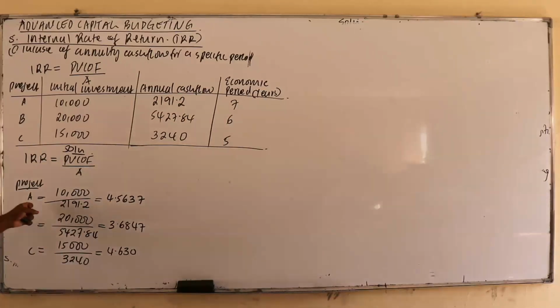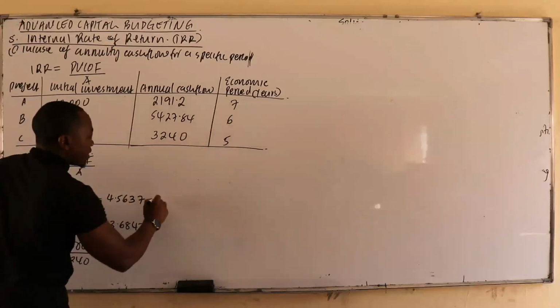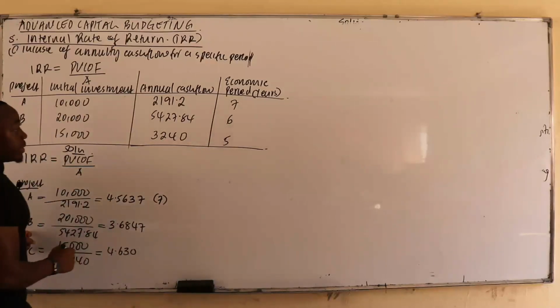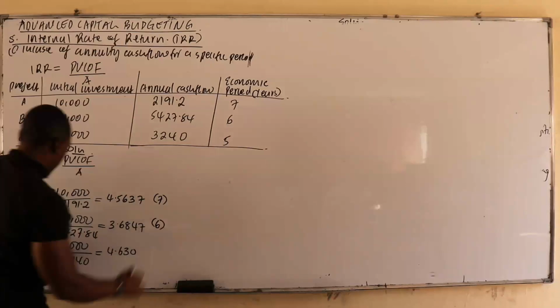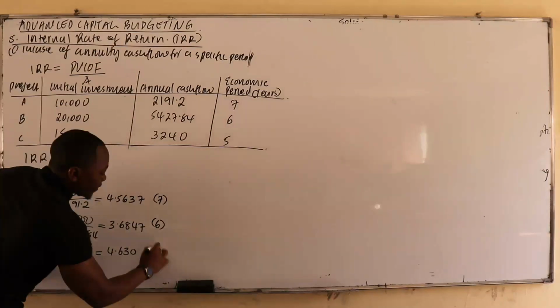Now, project A's economic life was 7 years. Project B was for 6 years. Project C was for 5 years.